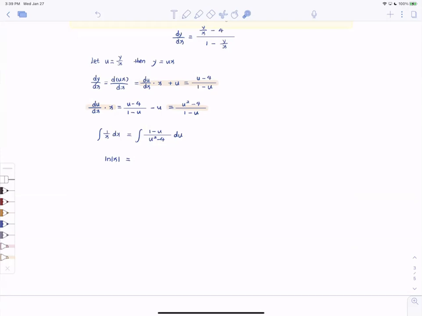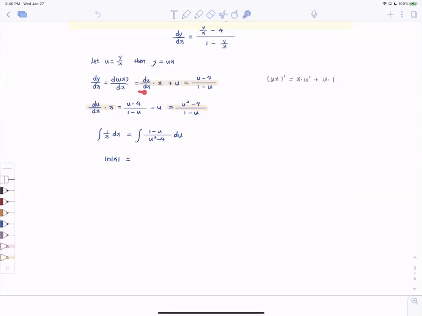Okay, I forgot to check the chat. Wait, where did the plus u come from? Plus u? Oh, it's just, can we use another color? This is just (ux)', because I'm taking the derivative of this. So that's going to equal x times u' plus u times x', which is 1.